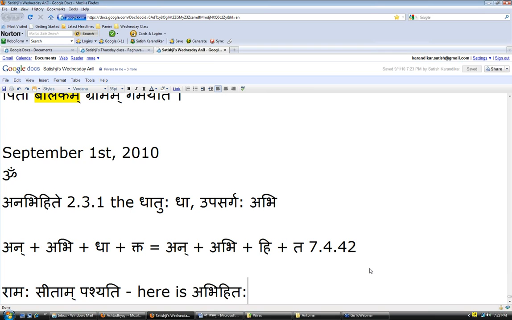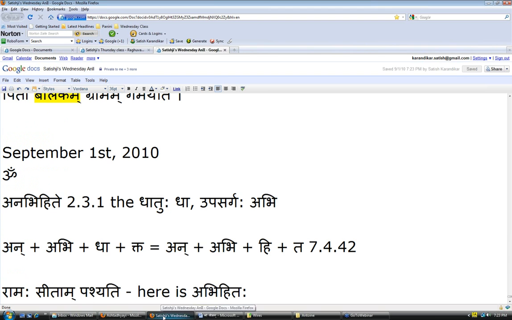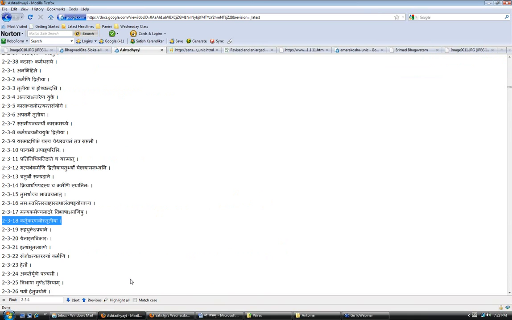If that happens, then we cannot use this sutram which is coming here, kartukarnayostitiya. Sutram 2.3.18 says that the karta and the karana have to take tritiya vibhakti. Rama is the karta here, when you say Ramaha Sitam Pashyati. Then how come we did not use sutram 2.3.18?